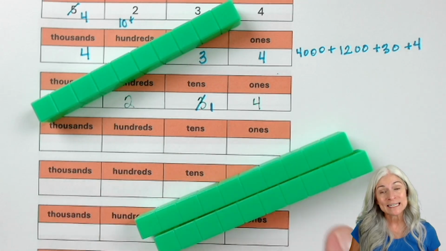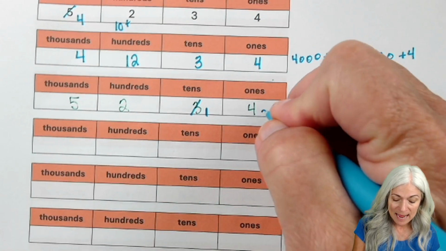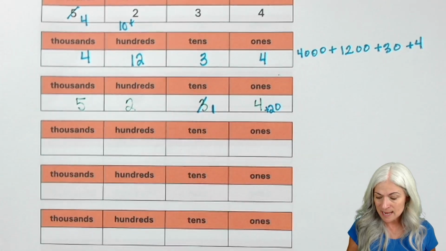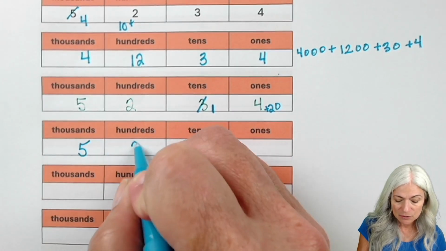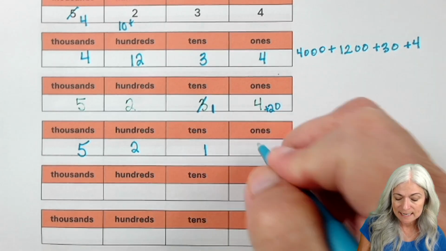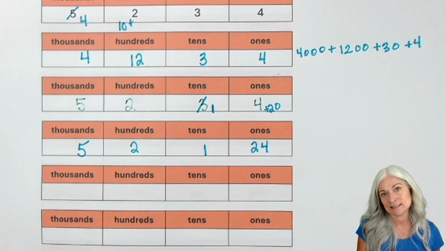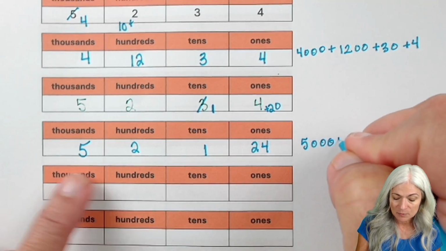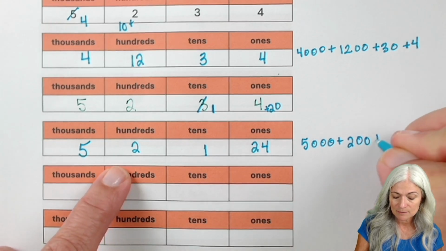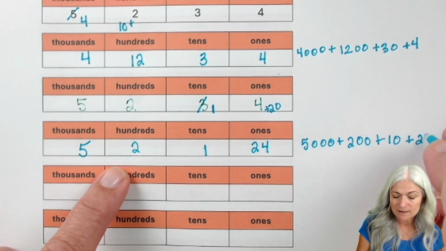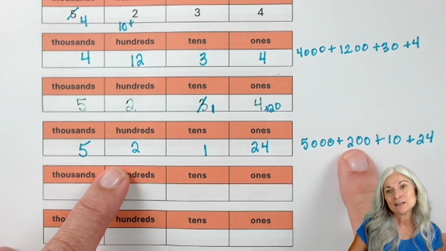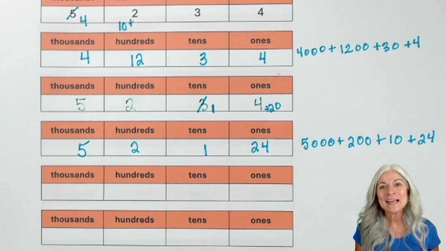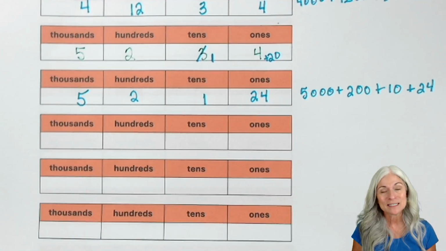I would have 20 1s. So I would add 20 1s over here. So I could write it as 5,000s, 200s, 110, and 24 1s. Now again, if we write it out, 5,000 plus 200 plus 10 plus 24. We get 5,234. So it's just different ways that we can decompose this number.